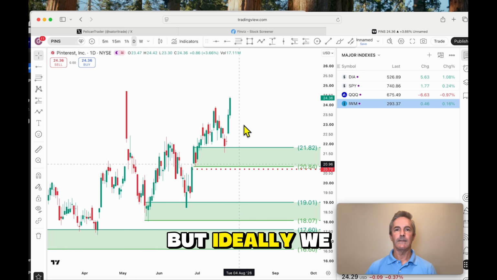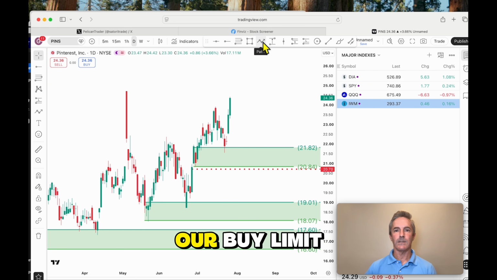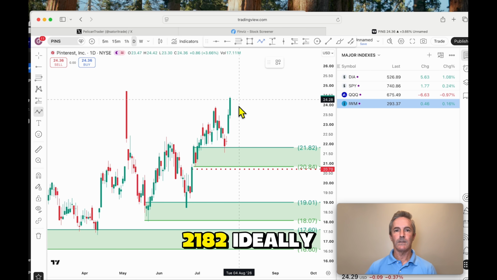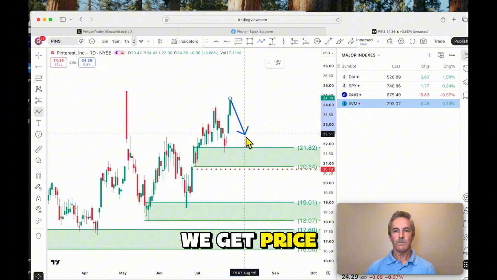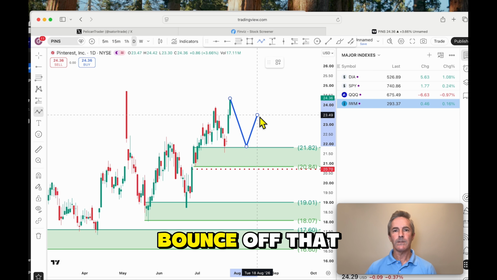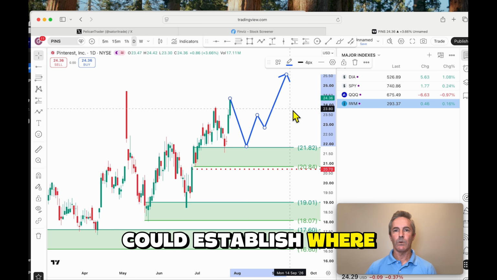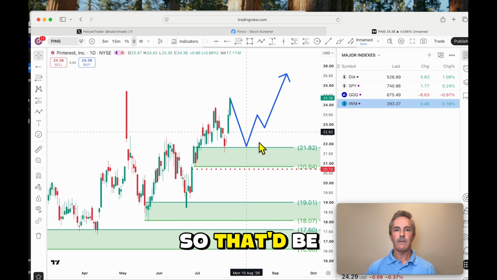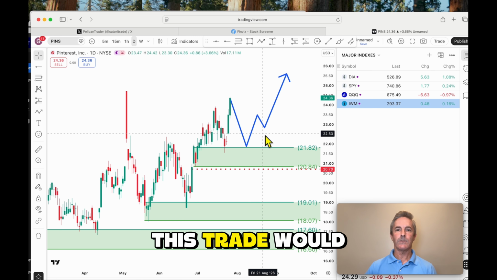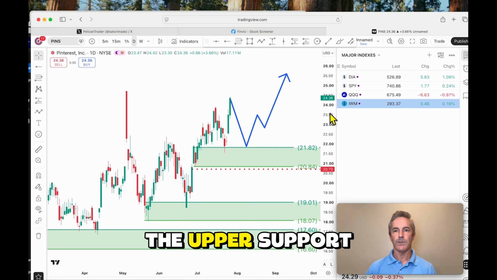But ideally, we would have price action like this. Our buy limit would be at 2182. And ideally, we get price to pull back, bounce off that level, and work its way higher from there. And then we could establish where we want to exit that trade. So that'd be the ideal way this trade would play out if you wanted to go for the upper support level.